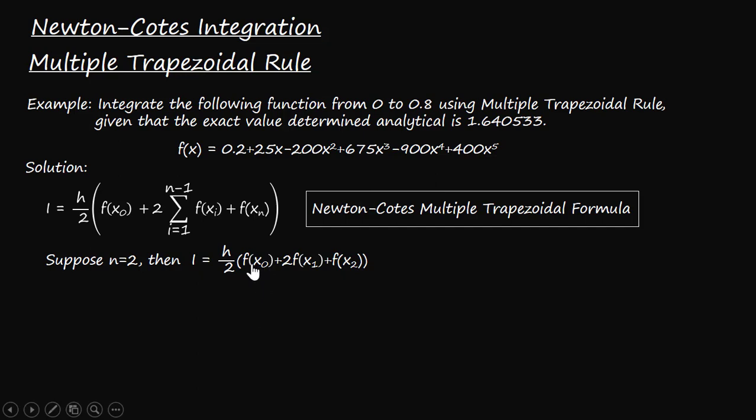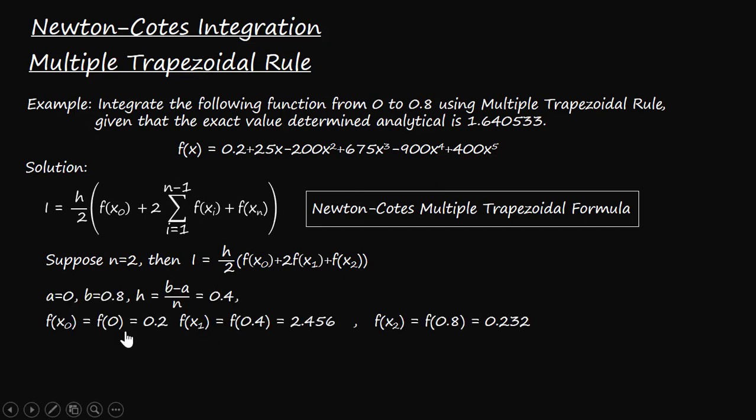Now x naught equals 0, x2 equals 0.8 and x1 equals 0.4, because the h value can be obtained as (b minus a) divided by n, which equals 0.4. Here b is 0.8, a is 0, and n equals 2, because we are dividing this interval into two parts.